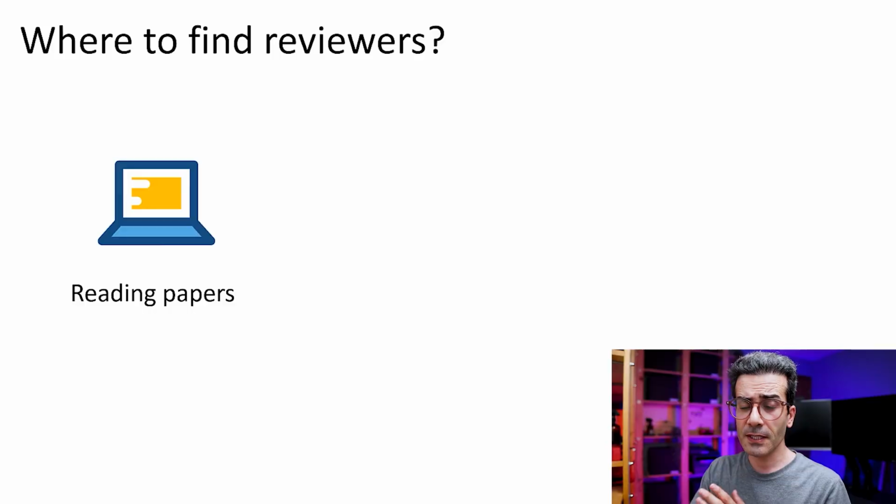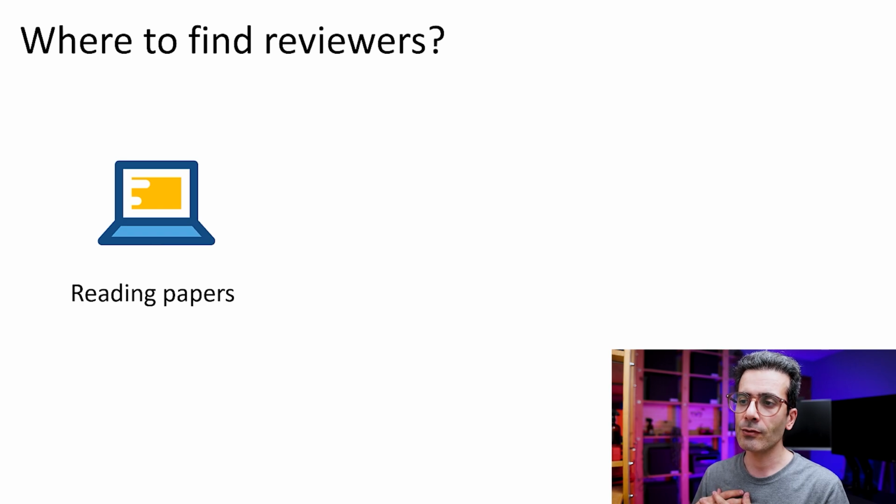But how do you find the potential reviewer for your paper? Where do you find them? The first place is by reading papers in your field. If you go through the list, you will see who is the corresponding author for that paper, right? And you say, all right, this is the person that potentially can be a good reviewer for my paper.